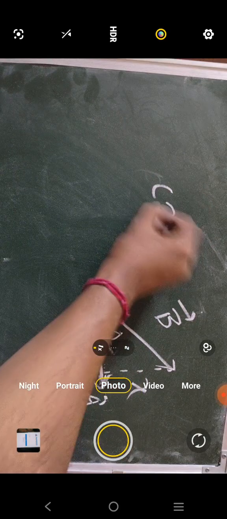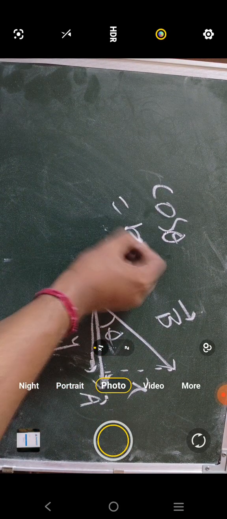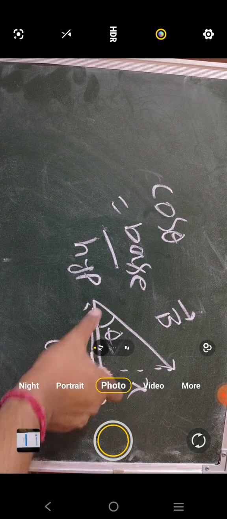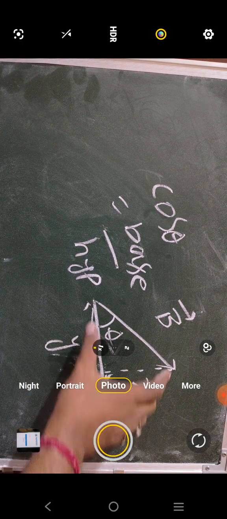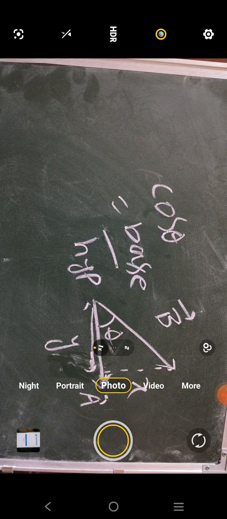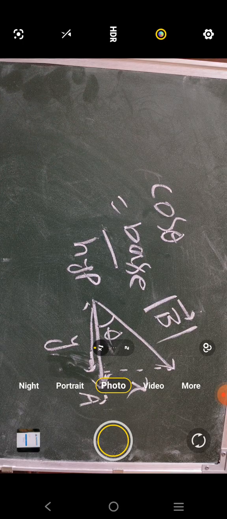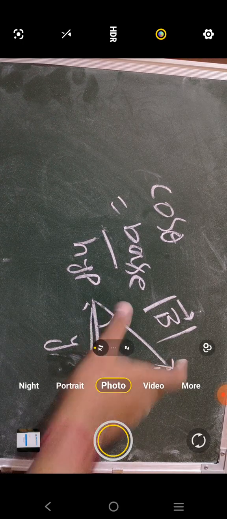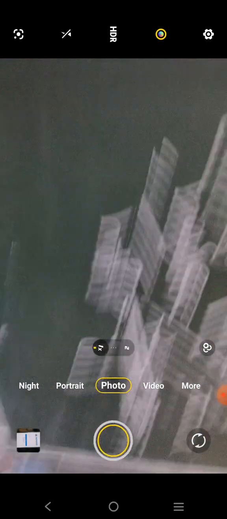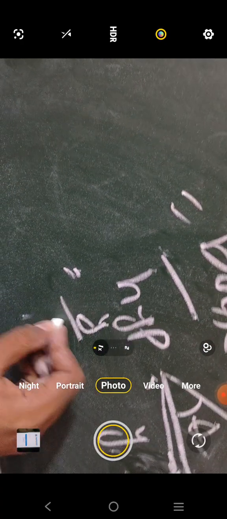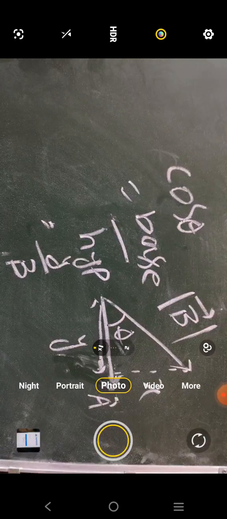Cos theta equals base by hypotenuse. The base here is Y, and the hypotenuse is the B vector, with its magnitude B. So cos theta I am writing as Y by B. Why am I writing Y by B? See, cos theta is what?